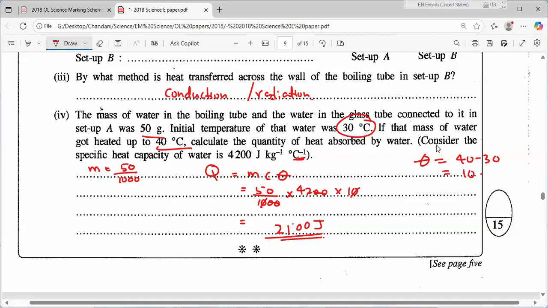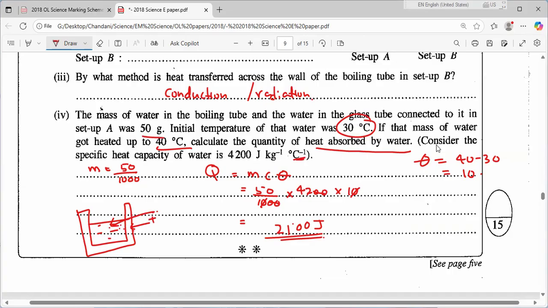They just ask about the heat absorbed by the water, so we can do this type of calculation. But if the question is asking about water in an equipment or a vessel, in that type of question we need to calculate the heat absorbed by the water and the heat absorbed by the vessel, and add the two together.